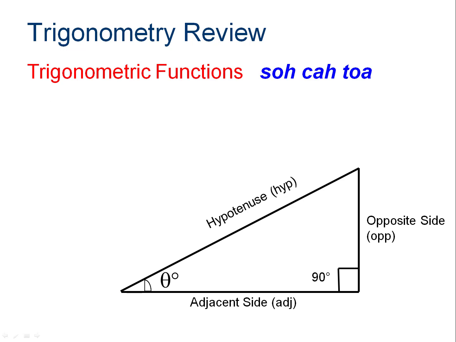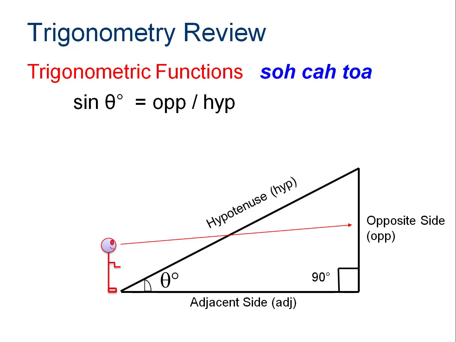Now the functions for the trigonometry review that we looked at last time was SOH CAH TOA. That's our mnemonic. And what that means is if I stand at the angle and it rises up out of the ground and I'm looking at the opposite side, the relationship between the opposite and the hypotenuse, that ratio is the sine of the angle.